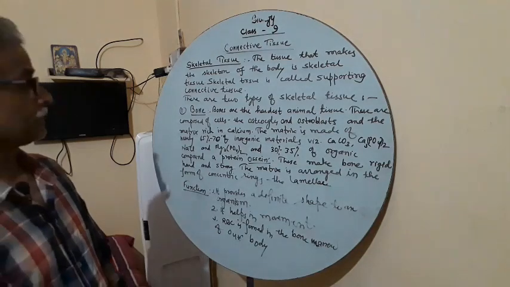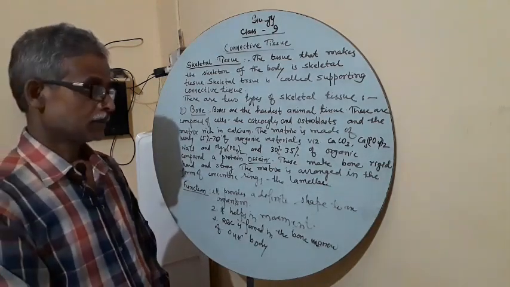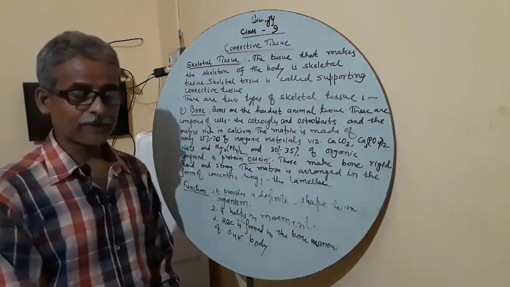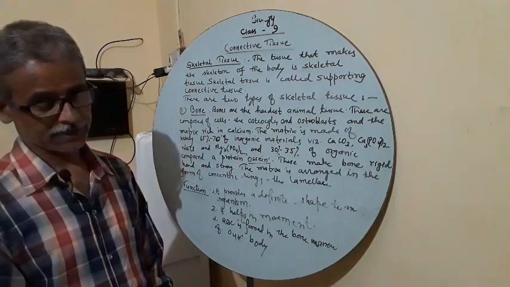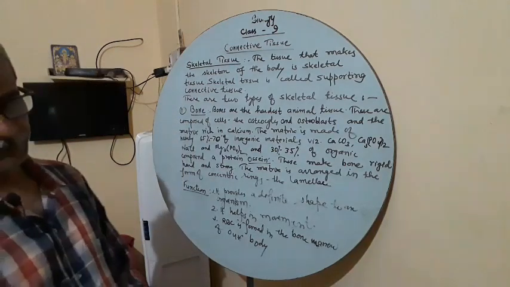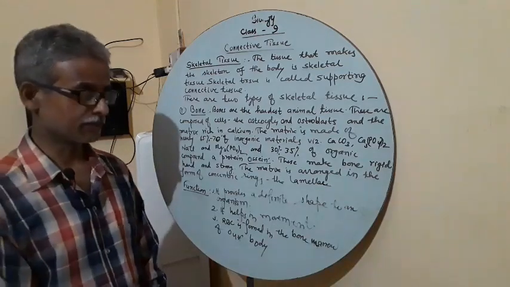The matrix is made up of nearly 65 to 70% of inorganic materials and 30 to 35% of organic materials.